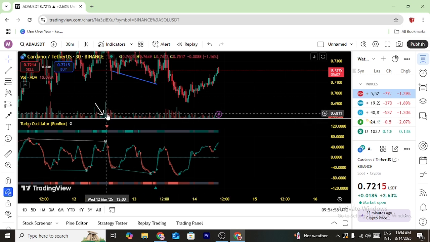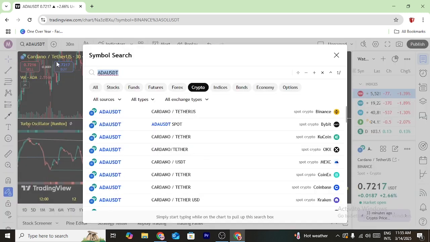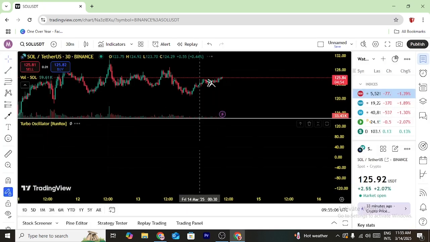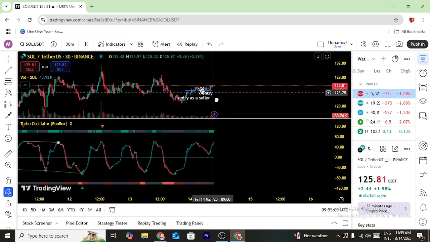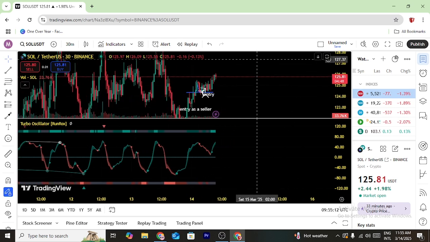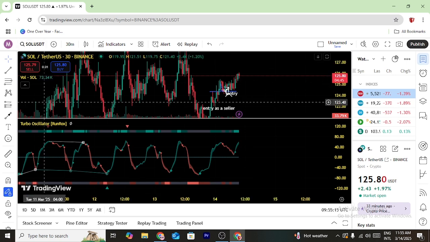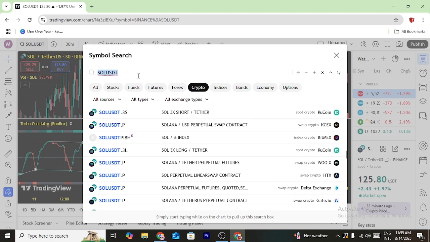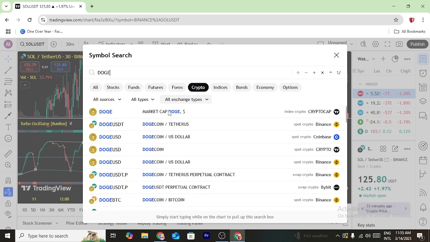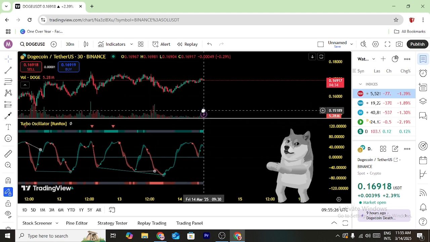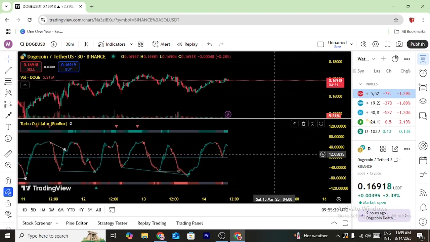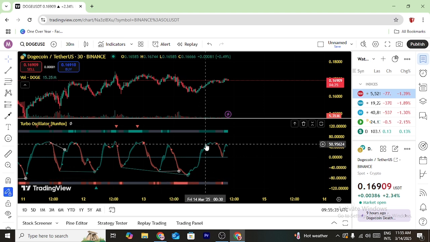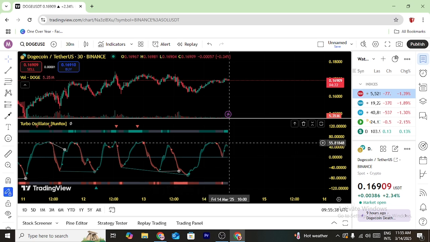Okay, now let's see another coin, if we understand it properly. If we go to SOL from here, as we discussed before, you can see the market from here is going green candle, its red is down and down.